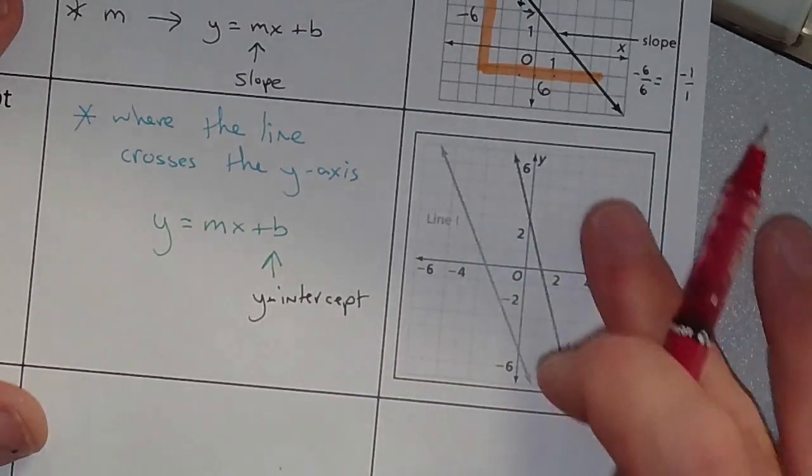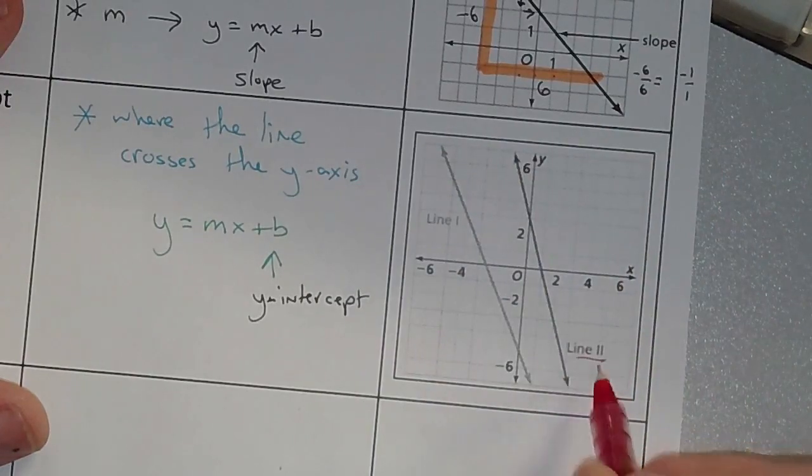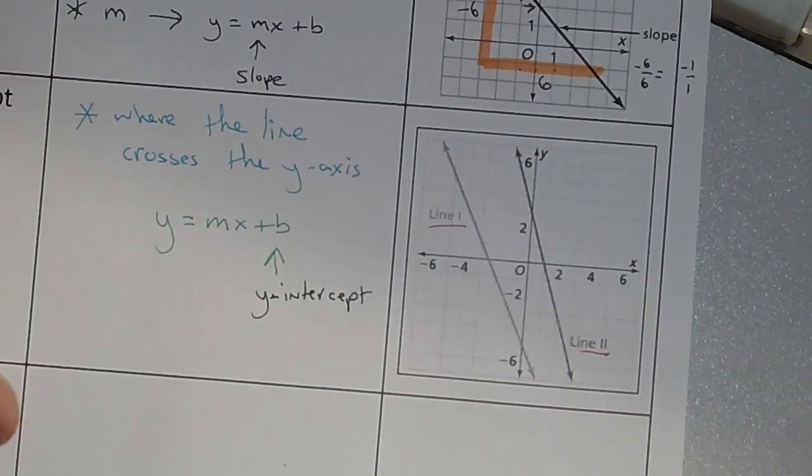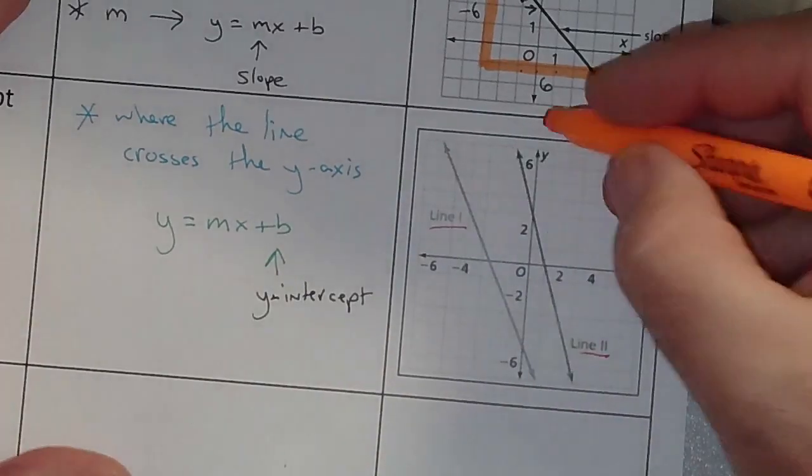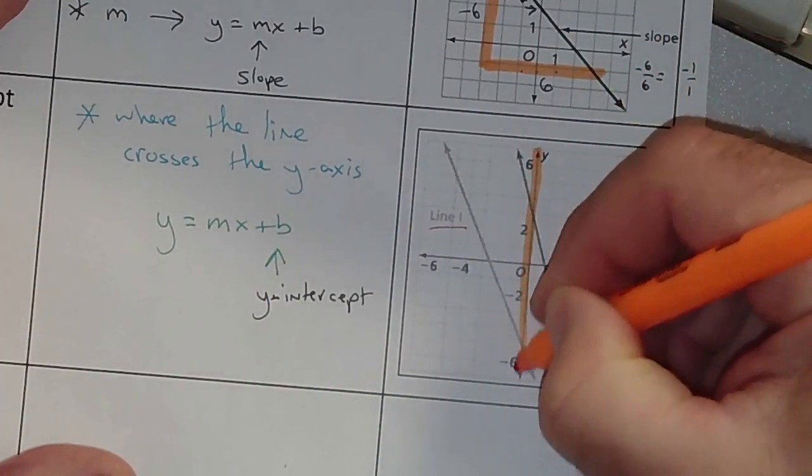So at this point, let's look over here. We've got 2 lines. We've got line 2 and line 1. Put a dot where the y-intercepts are for each of those lines. Pause the video. Go ahead and do it. Now that you've unpaused, the thing that I was reminding most people about was that this is the y-axis.